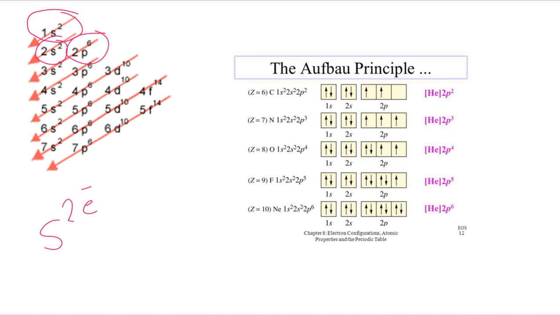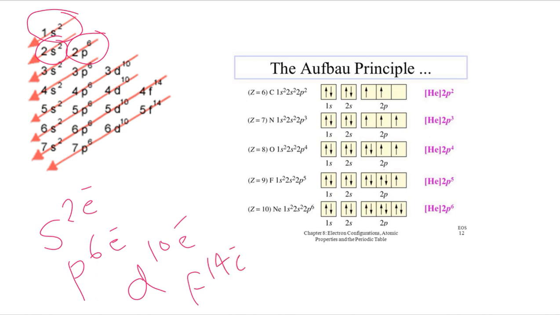S continues having only 2 electrons. P can have 6 electrons. D can have 10 electrons, and F can have 14 electrons.